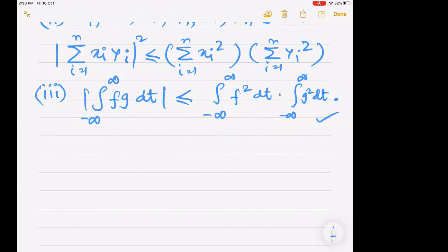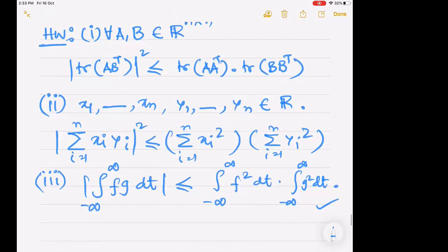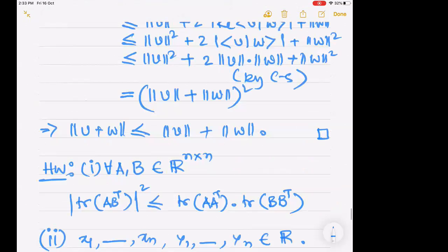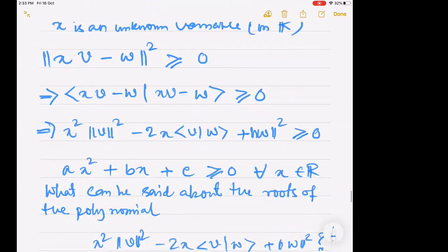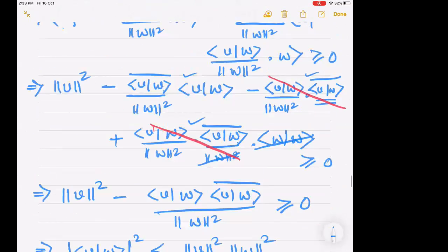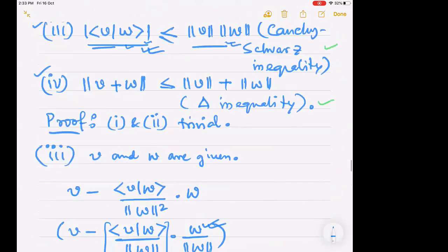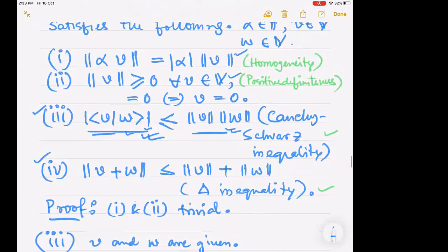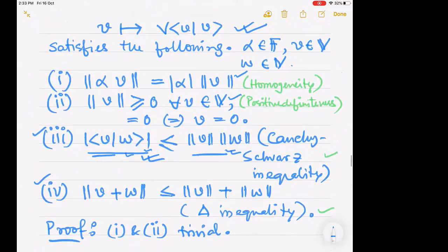So in fact, you see all these, one, two, three, are three individually difficult problems. Seemingly there is no connection between them. But it turns out that all of them are actually the same thing. All of them essentially are Cauchy-Schwarz inequalities for different notions of inner product. That is the strength, that is the beauty of abstractifying a concept.